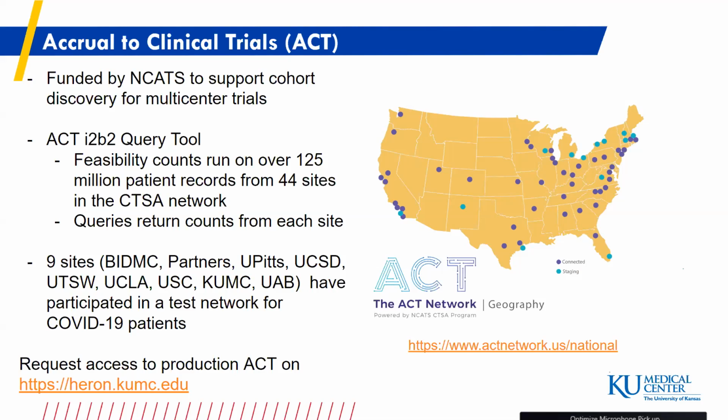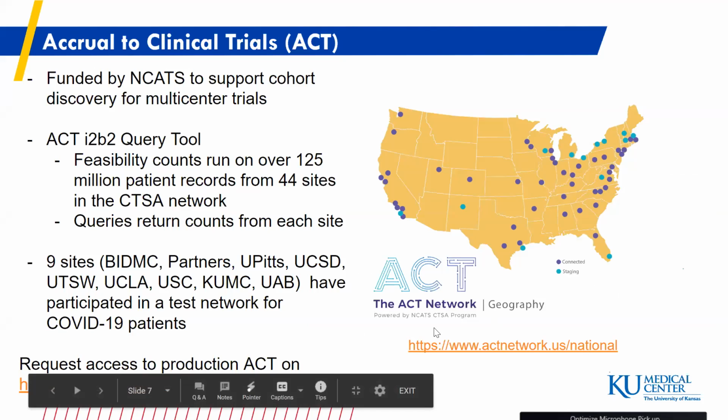In response to COVID, ACT has ensembled 9 sites to put together a test network, which is rapidly refreshed just for COVID-19 patients. Here are some links to see the details about the ACT network, and specific information on their COVID effort.